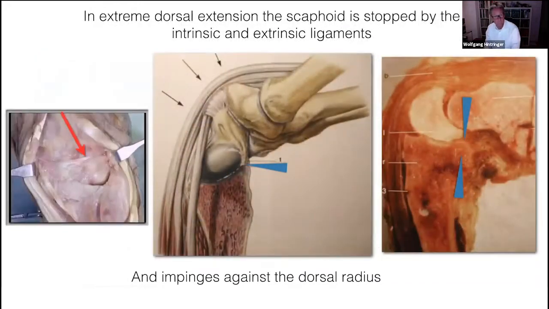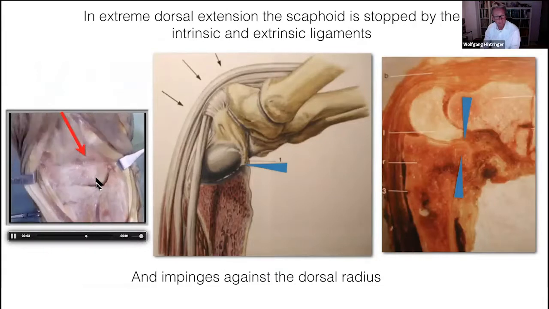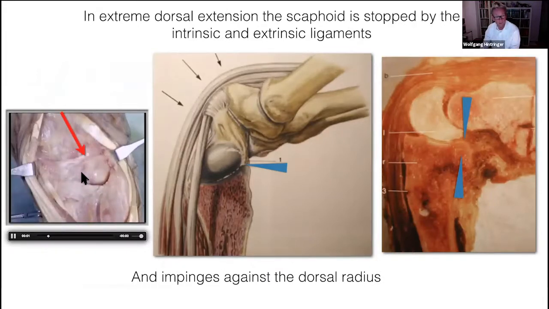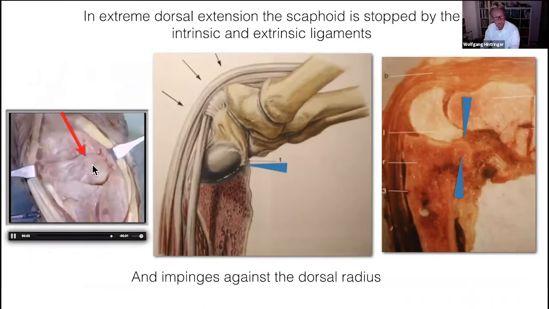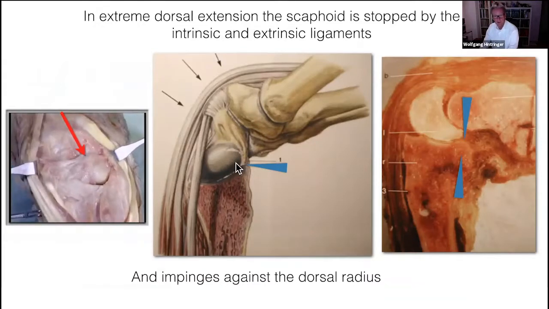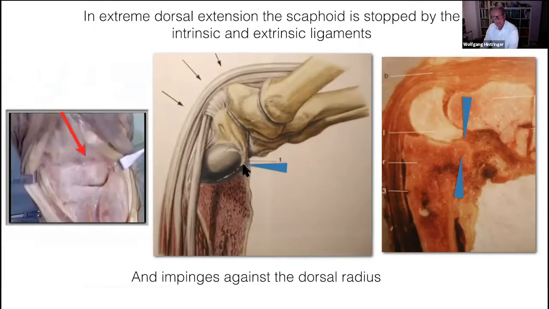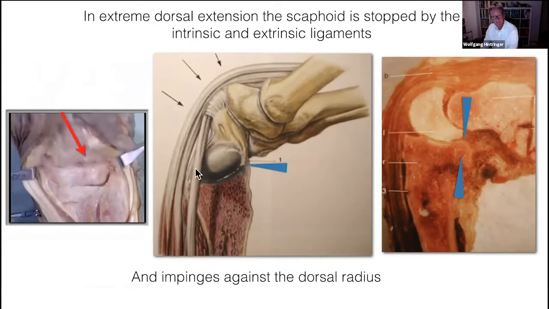And here you see again that the scaphoid is moving more than the lunate, and the scaphoid is moving first dorsally and volarly. Then if you fall on your outstretched hand, the scaphoid impacts on the dorsal side and the ligament resists.